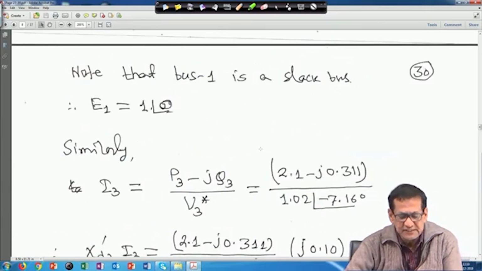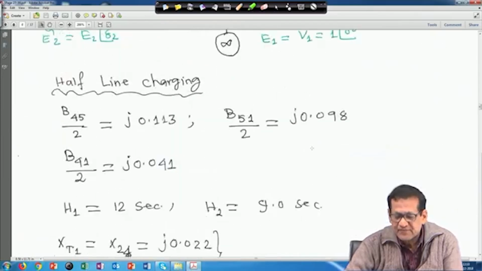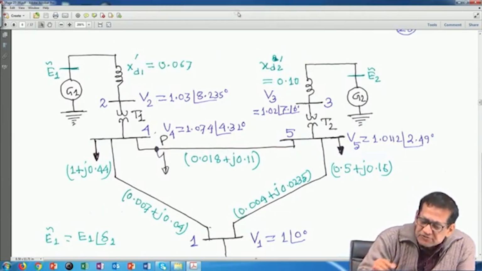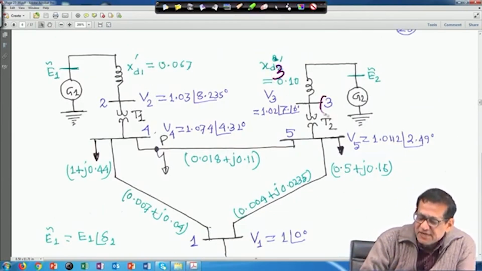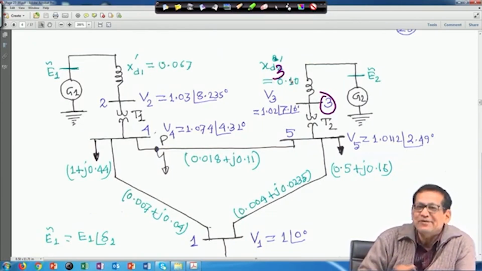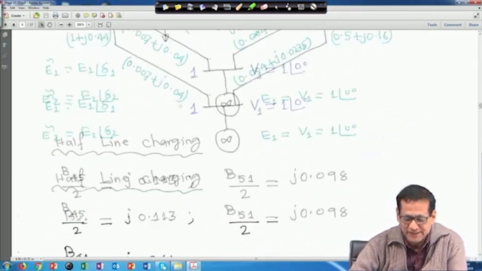If you come back to bus 3, this should be xd3, not xd2, so that the bus number symmetry is maintained. By mistake I have written xd2; you make it xd3'. Otherwise you can keep x2 also, it does not matter, only the calculation should be correct.